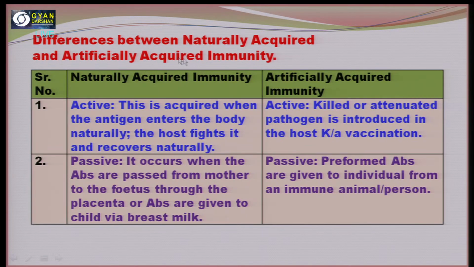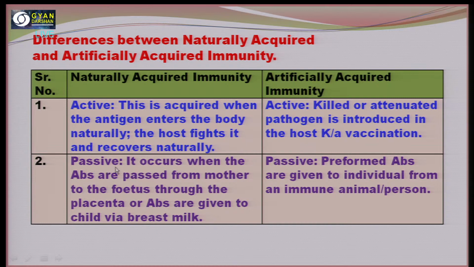Another thing I want to discuss is the difference between naturally acquired and artificially acquired immunity. Here is the naturally acquired immunity and another is the artificially acquired immunity, each of which can be active or passive. The active form is acquired when the antigen enters the body naturally, and the host fights it and can recover naturally.